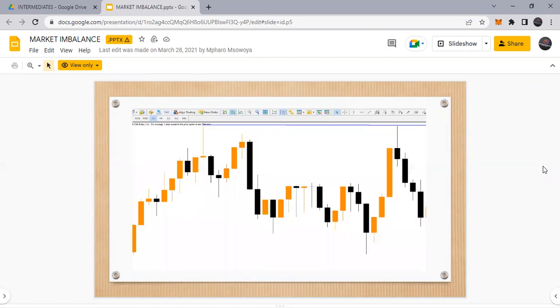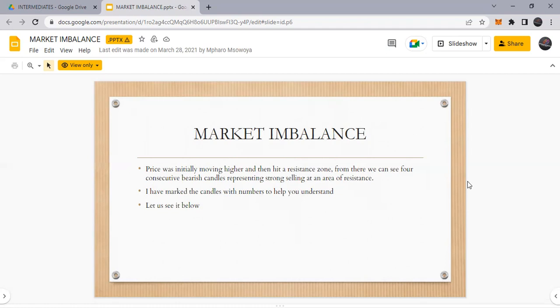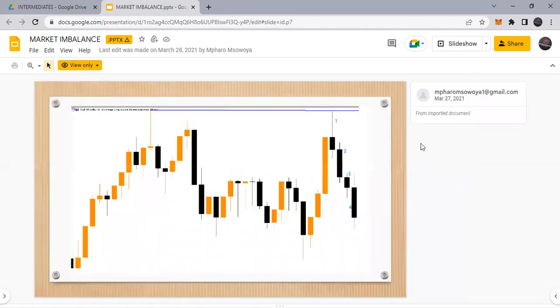Let me show you. The bearish candles are this one, 1, 2, 3, 4. Those black candles. That's what I'm talking about. I have marked the candles with numbers to help you understand. As you can see, candle 1, candle 2, candle 3, candle 4. They are the ones we are looking at to determine our area of imbalance.